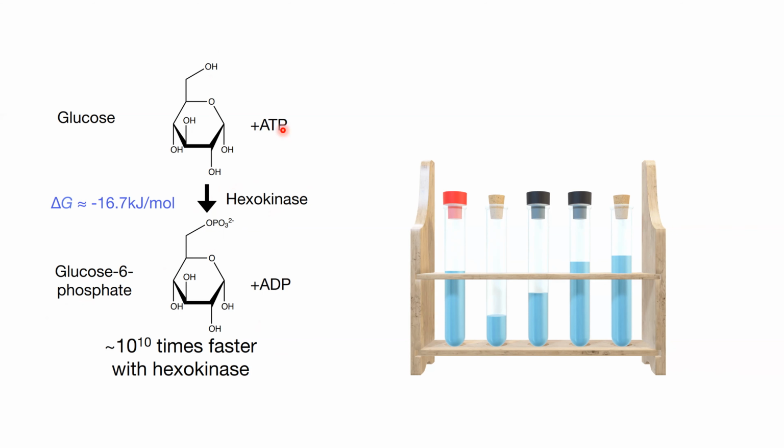This ATP, adenosine triphosphate, is donating one phosphate group to this glucose, and then obviously it is losing one of its phosphates. So this is adenosine diphosphate now, in the product side, right?